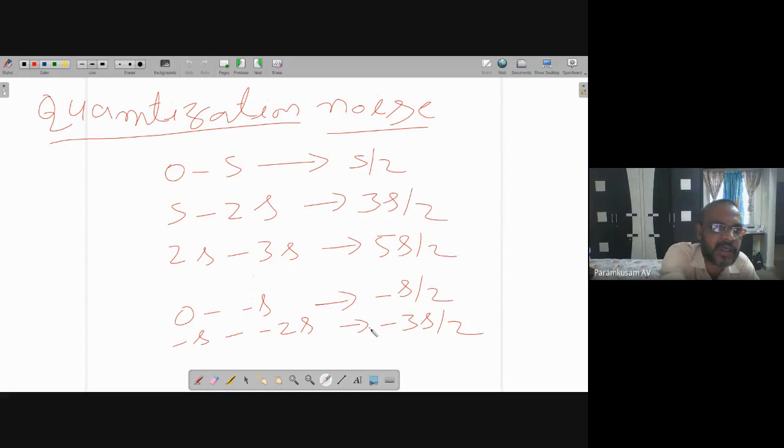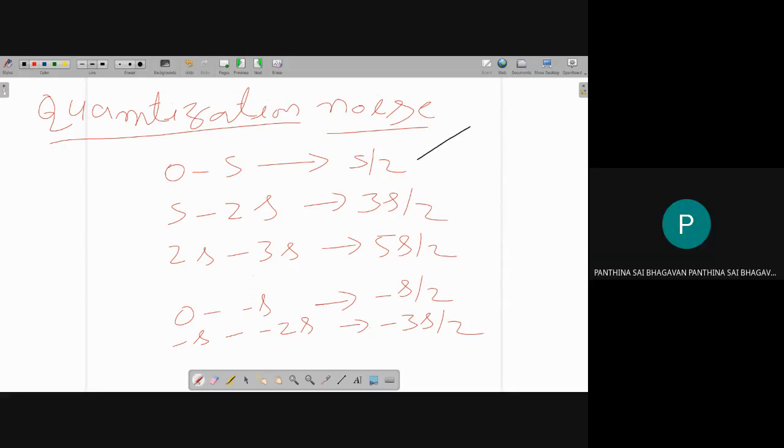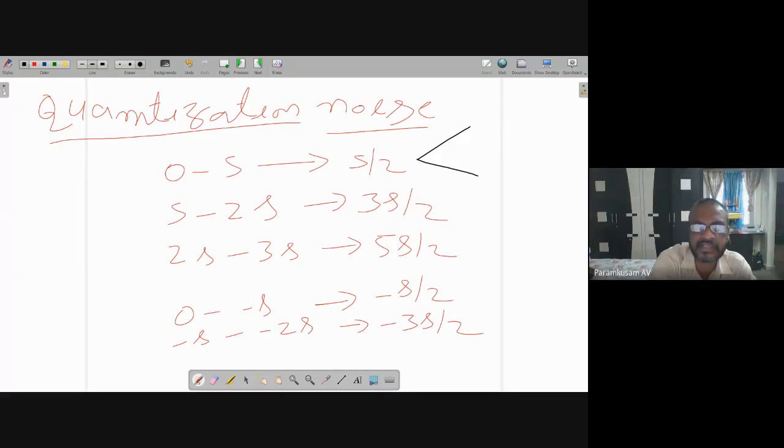Just assume that S is equal to 1 or 2 or 3. That is the step size. All the values between 0 and S are mapped to S by 2.